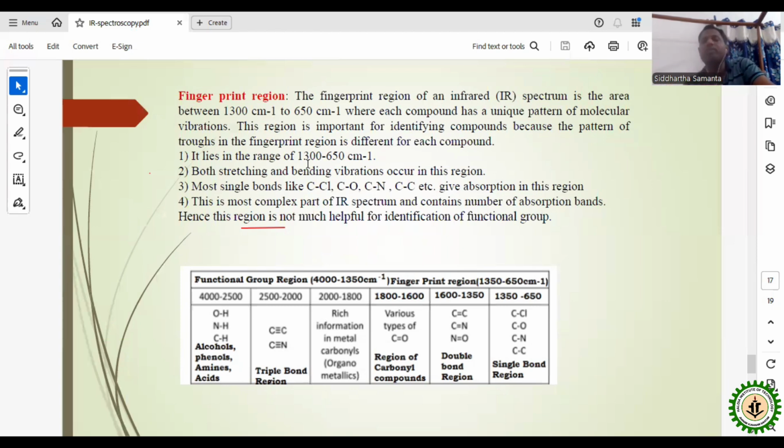This region is important for identifying a compound because the spectral pattern in this region for a compound is unique. In that region, CCl, CO, CN, CC bending modes are present, and for a particular compound, this pattern is unique. So from this fingerprint region, we understand what the compound is.